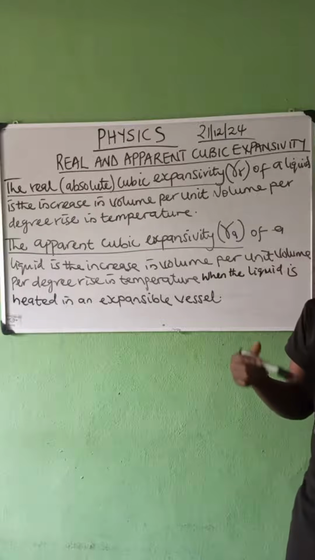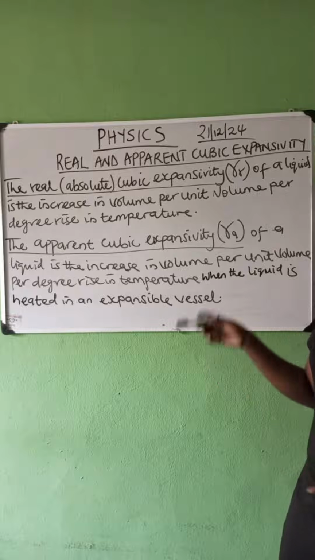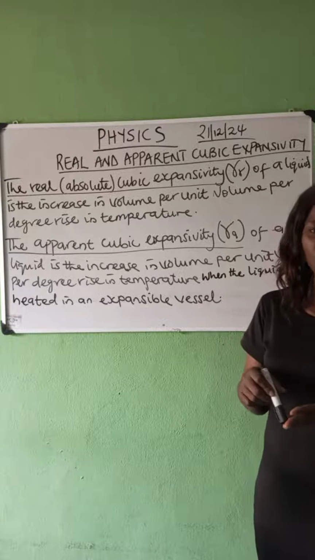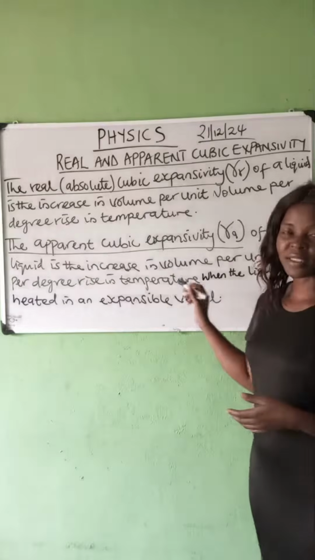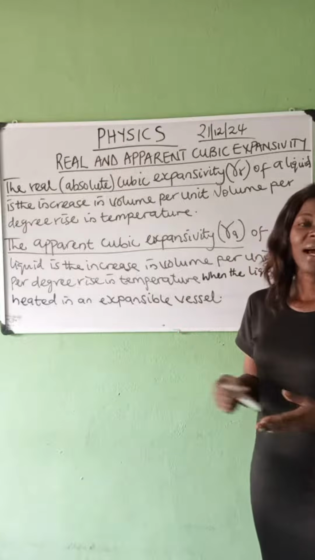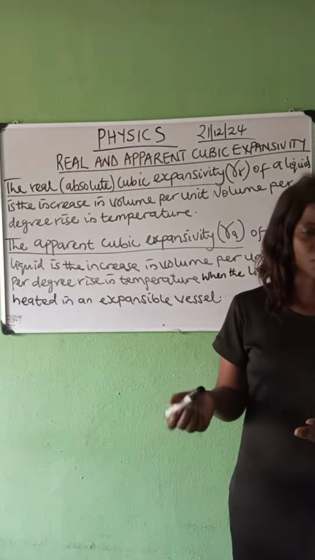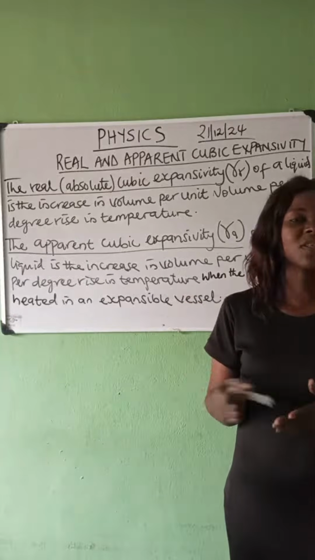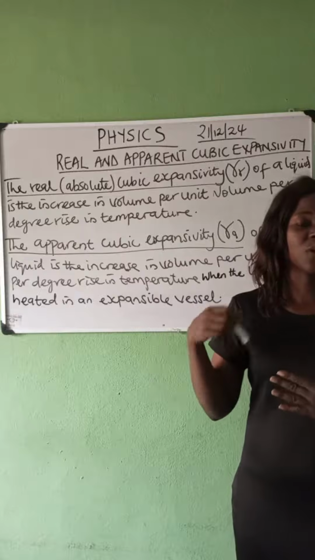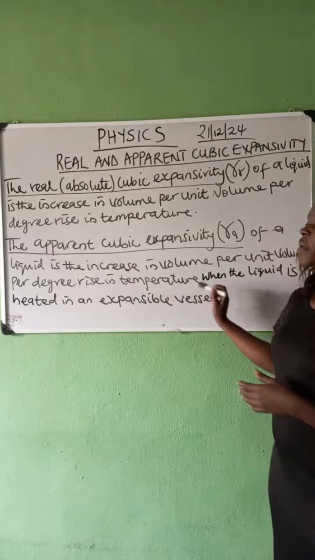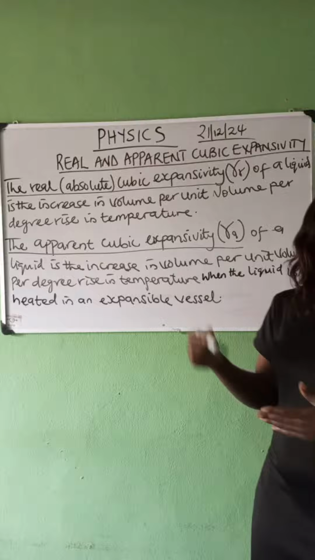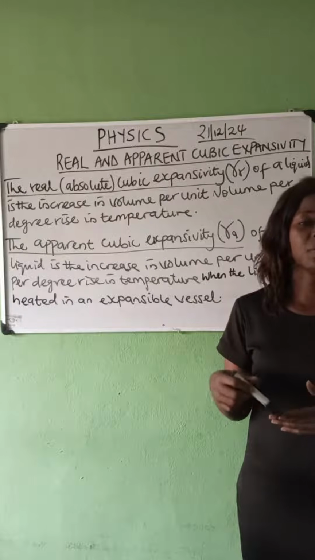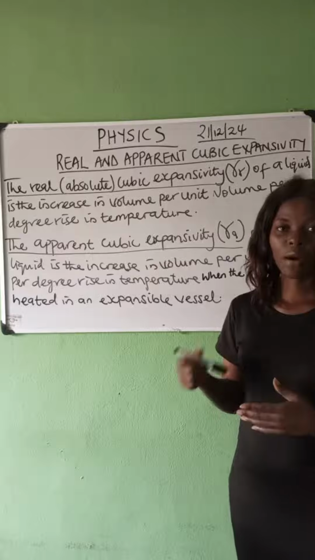Now, for you to be able to know the real expansivity of this liquid inside the container, you're going to consider the apparent expansivity of this liquid and the expansivity of the vessel. Is that clear? Now, for you to know the real cubic expansivity of a particular liquid, you're going to consider the apparent cubic expansivity of that liquid plus the expansivity of the container, because that container is an expansible vessel. Is that clear? All right, put it down.